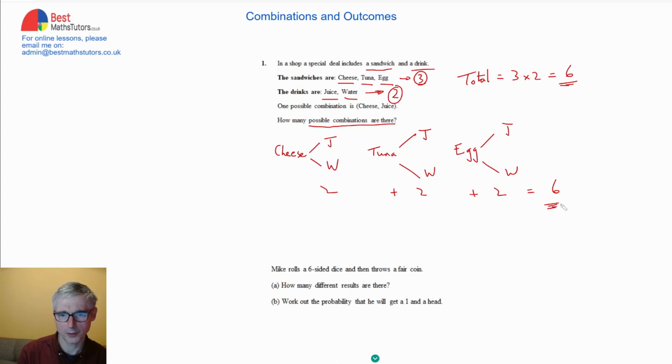There are really 2 ways of doing it. We could list all the possible combinations and add them up as we did in the first method, or for a quicker way we could say we've got 3 different choices of sandwich, and for every choice of sandwich we've got 2 choices of drinks, so 3 times 2 gives us 6.